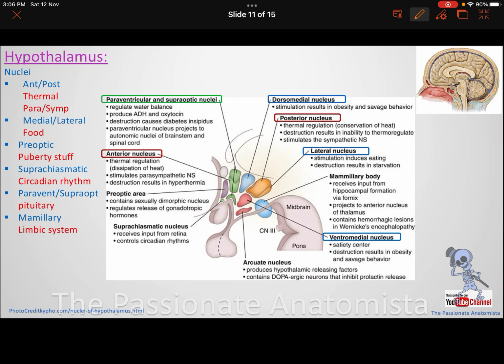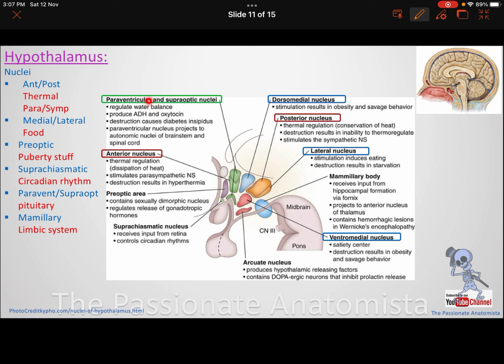All right, guys? Now, how can we remember the hypothalamic nuclei as a basic function? Like I said, we have two nuclei, and these nuclei are related to the pituitary gland. From here, you have the oxytocin hormone from the paraventricular nucleus, and from the supraoptic, you have the ADH.